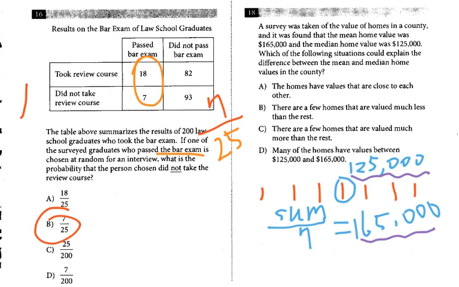If in this way we add together and divide by the 7, for example, the mean value will be less than the median. So definitely B is wrong. And C is correct. There are a few homes that are valued much more than the rest, so that the average value of the home will be greater than that median.